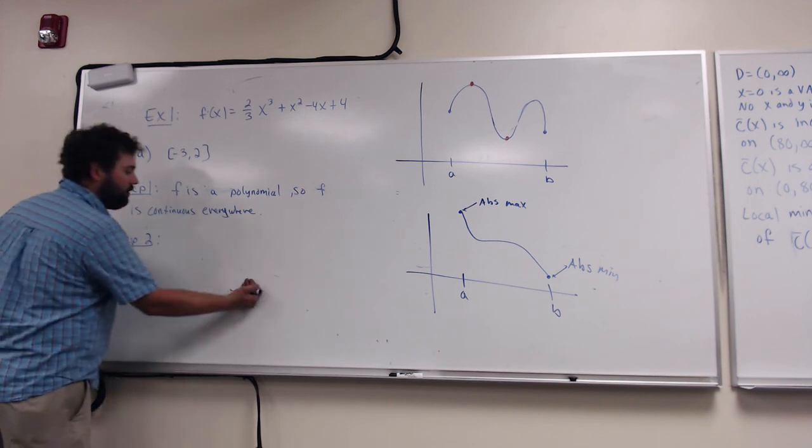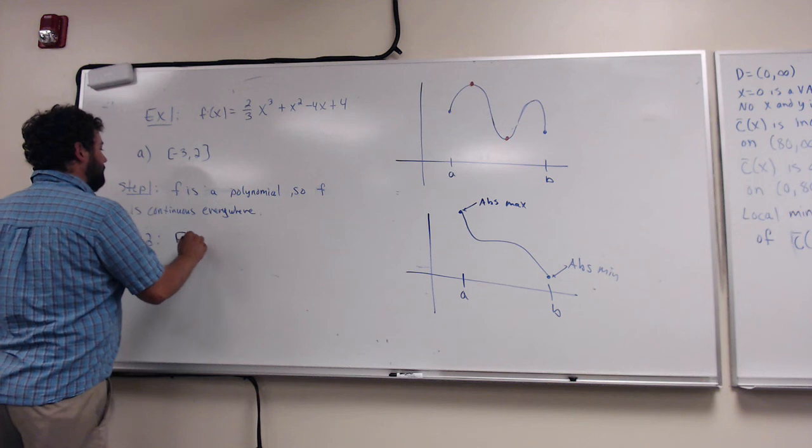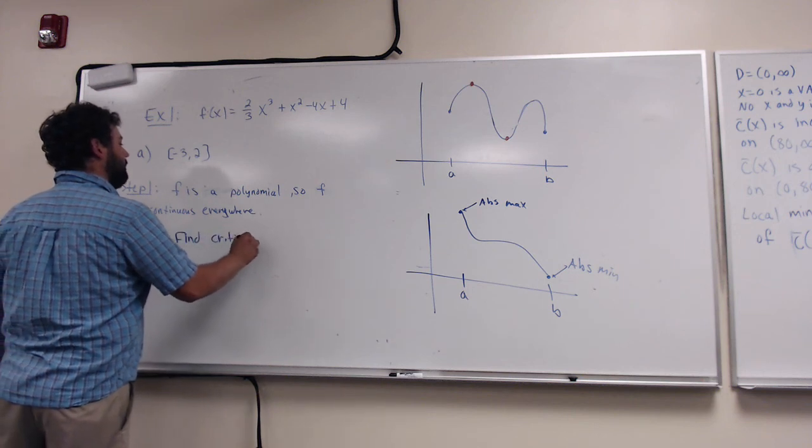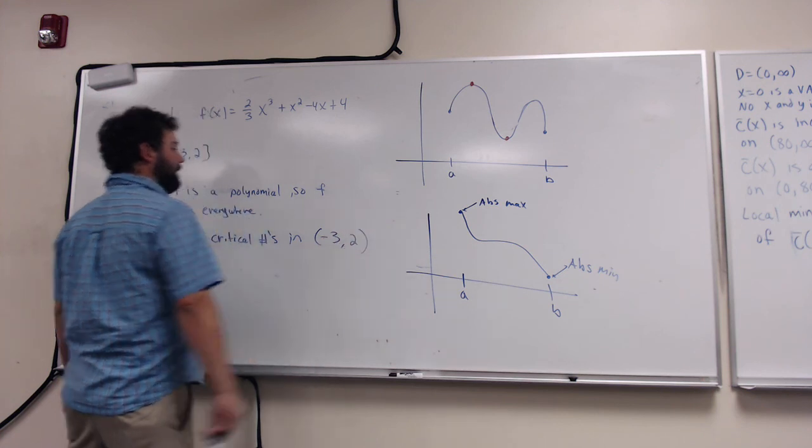And what do I need to find critical numbers? So something is a critical number if what is 0 or undefined? Yeah, right? The critical numbers are where the derivative is 0 or undefined. Okay, so we're going to find critical numbers in the interval -3 to 2.